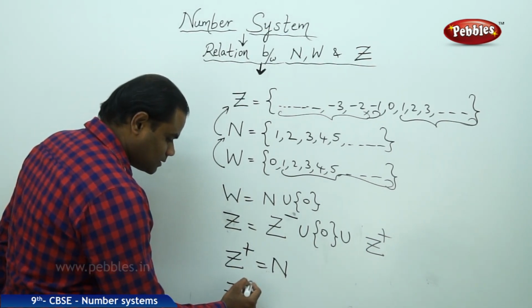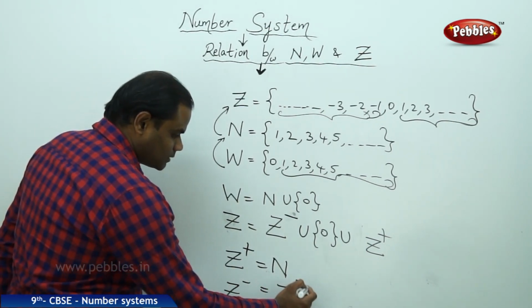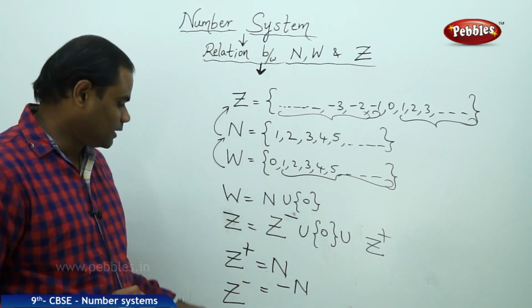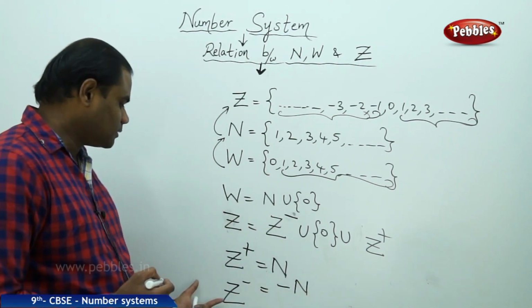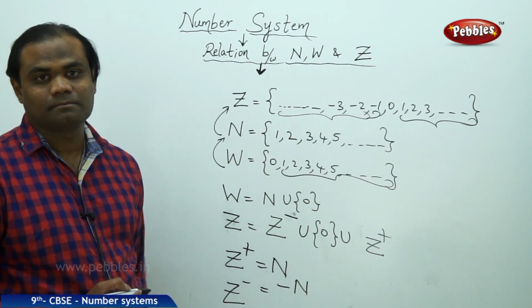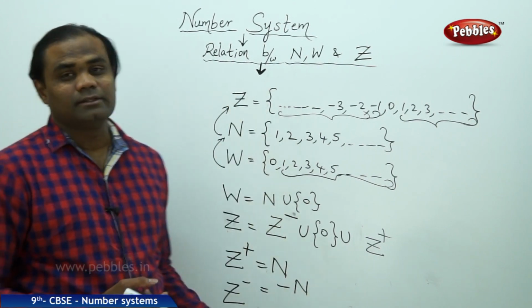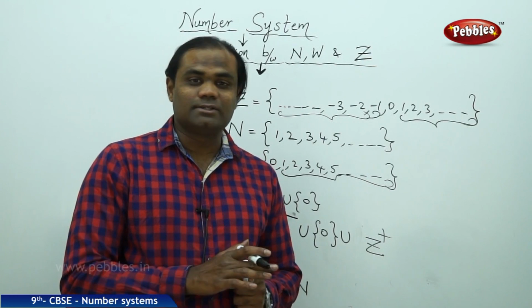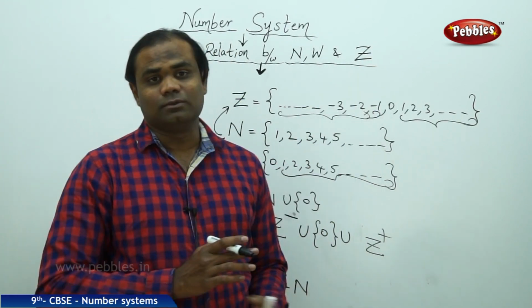So Z minus is minus N, which is how we understand the relation between Z minus and N, and how we get the different types of relations between Z, N and W.